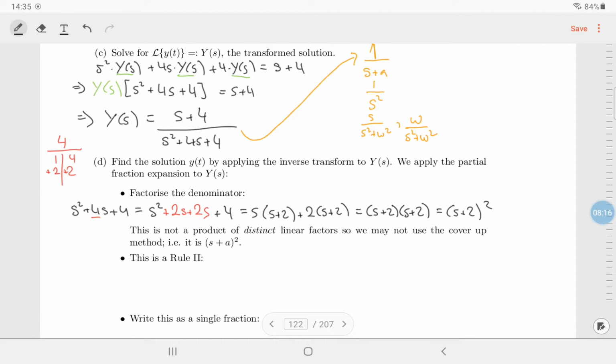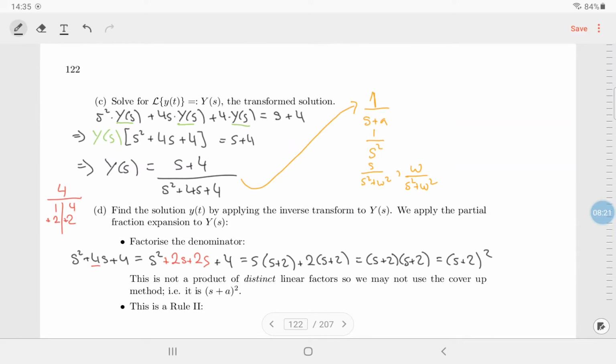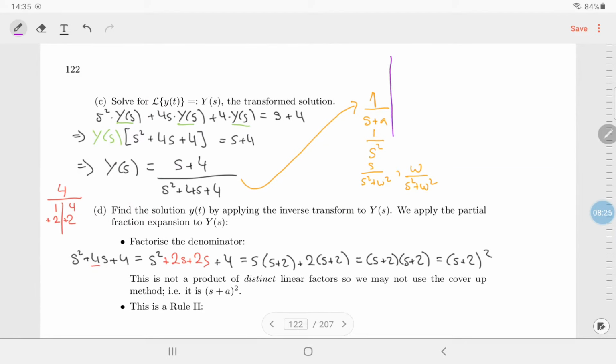Now it's a rule 2, and we're going to do the rule 2 in the notes, but we'll just do a shortcut here actually. If some of you can do this, you can go through it. So we've got s plus 4 over s plus 2 squared. If we get s plus 2 on top, I think if the s on top isn't 1s, say if it's 3s, this gets a bit messy.